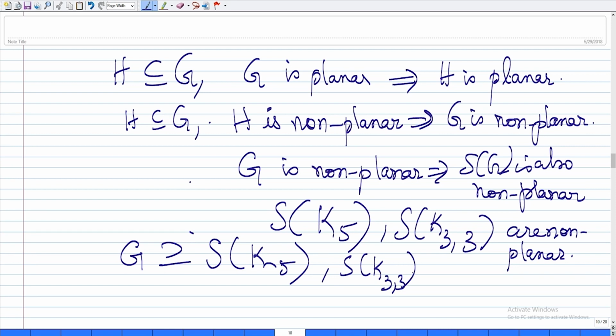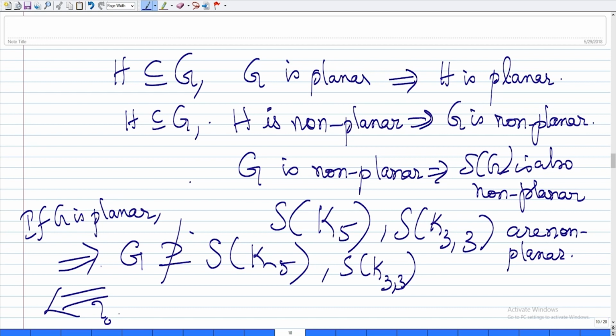If I want to write the contrapositive of this, I can write: if G is planar, then G does not contain a subdivision of K5 or K33. It is an implication. Can we talk about the reverse implication? This is what Kuratowski proved.